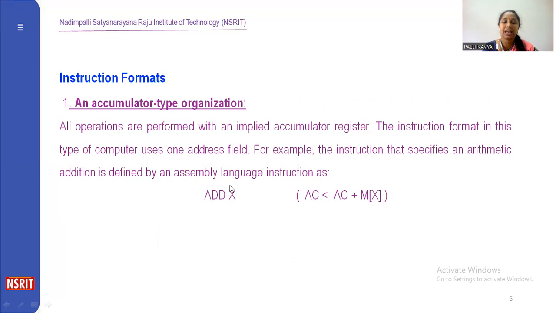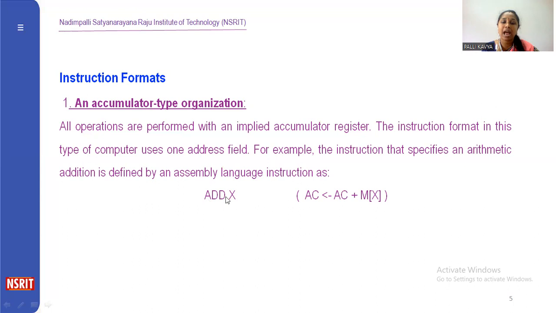ADD X is nothing but X is one source, one address, whose stored content should undergo the addition operation, but with whom? This is the question mark. By using this accumulator type organization, the content stored in X is added with the content of the accumulator. The accumulator is one special purpose register which stores data temporarily.